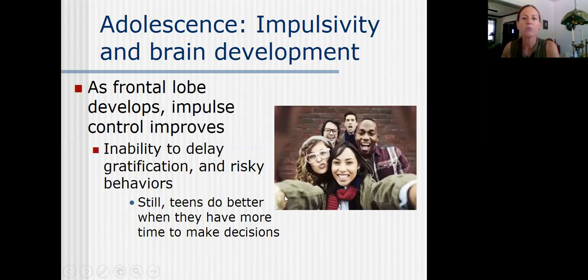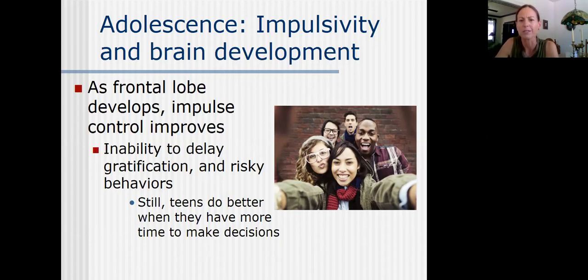Okay, so as we talk about adolescence, we still see that we are getting some brain development in adolescence, and especially in the frontal lobe. So most of the brain is pretty well developed by adolescence, but still right up here in the prefrontal cortex, we're starting to see some development happening. And if you recall, the prefrontal cortex is involved in logic and decision making and all this stuff.